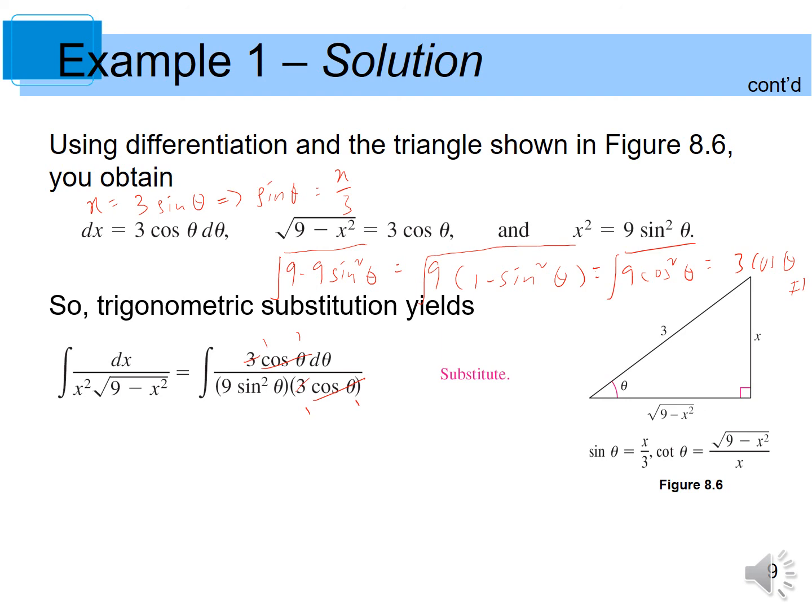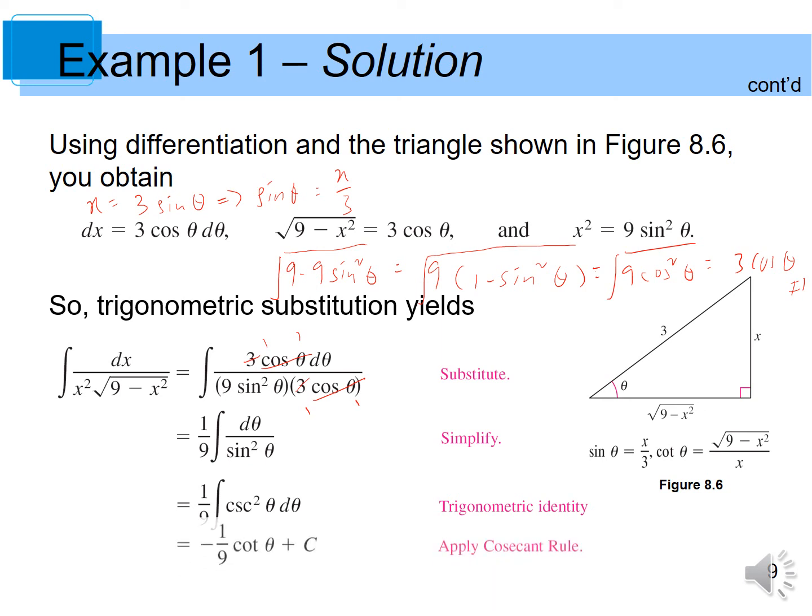So we have the integral of 1 over 9 sine squared theta with respect to theta. We can factorize out the 1 over 9 because it is a constant. And we have 1 over sine squared theta, which we can convert to cosecant squared theta and integrate with respect to theta. We use the basic integration rule from our first section.